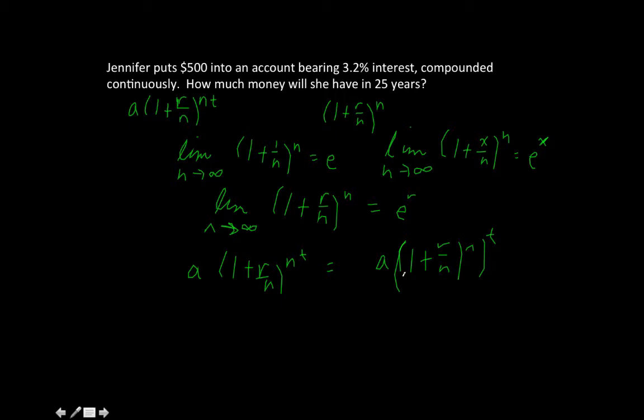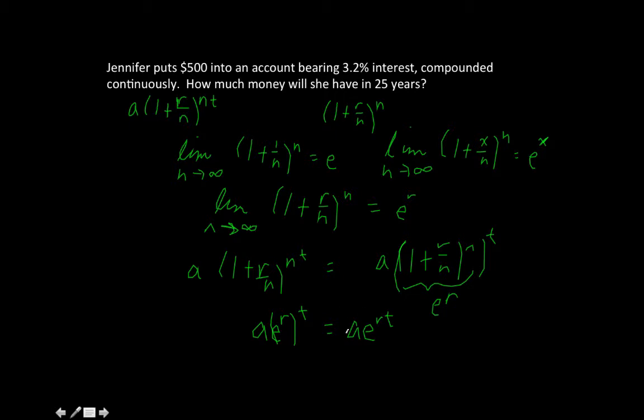So as n goes to infinity, this part here goes to e to the r. That's where this comes from, a e to the r, and this would be, of course, to the t, but that's a e to the rt because of the properties of exponents. So that's where this comes from.